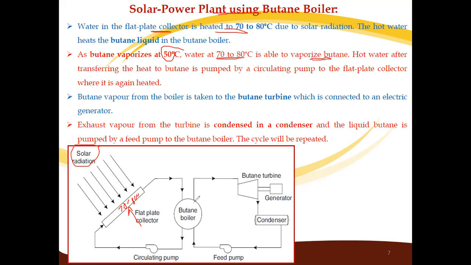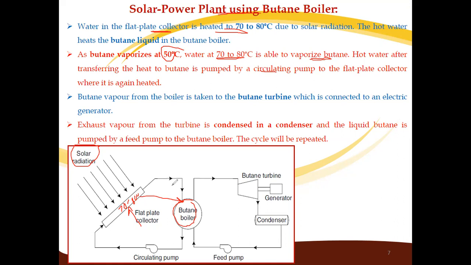So there is a butane boiler used where we can vaporize butane using this water of 70 to 80 degrees Celsius. And the hot water after transferring heat to butane is pumped by a circulating pump to the flat plate collector where it is again heated, and this cycle goes on completely.